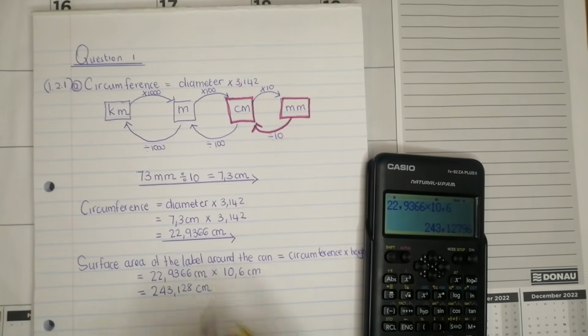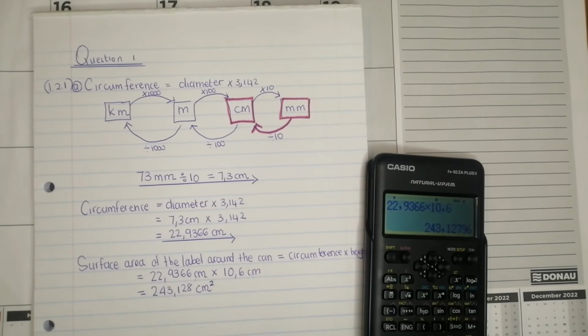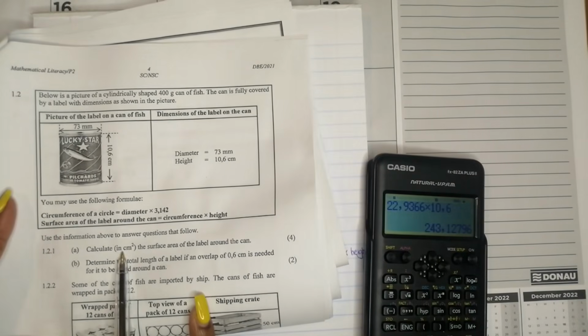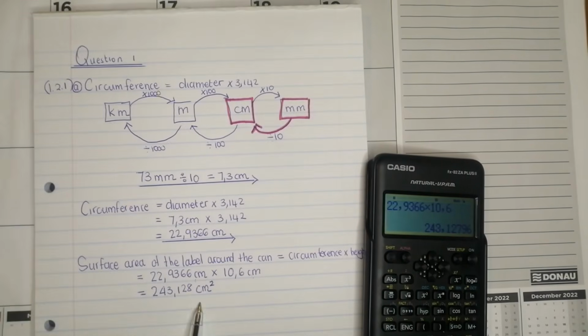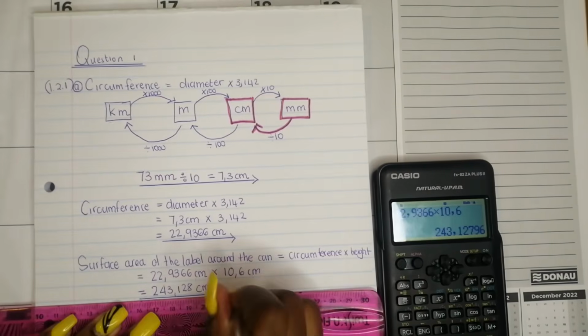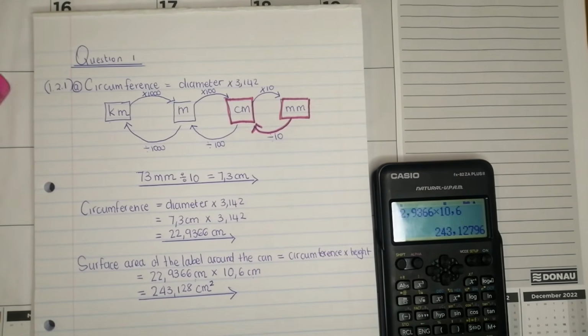Centimeters times centimeters is centimeters squared, which are the units that they wanted. They said that the answer needs to be in centimeters squared, right? So we've got our units in centimeters squared. And we are done. We have calculated the surface area of the label around the can.